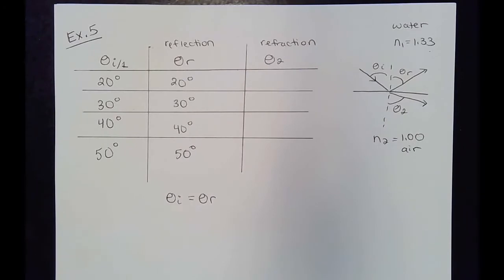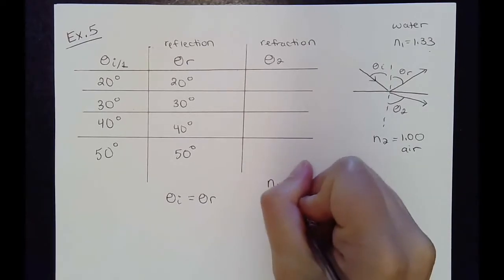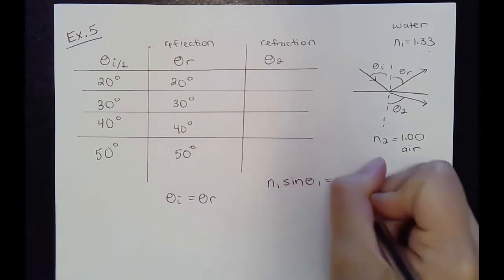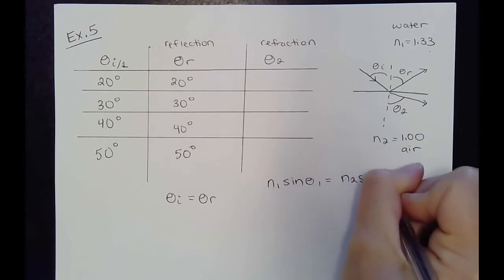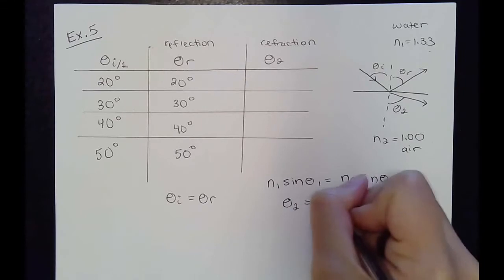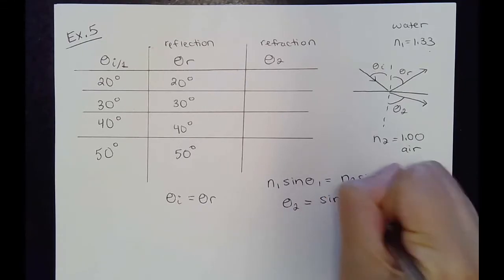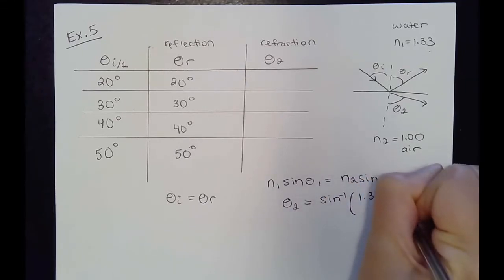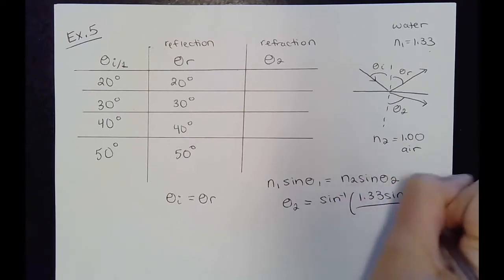Okay, then we need to calculate the angle of refraction using Snell's law. Let's do the 20-degree angle. So we'll have n1 sine theta 1 equals n2 sine theta 2. So theta 2 is sine inverse of 1.33 sine 20 over 1.